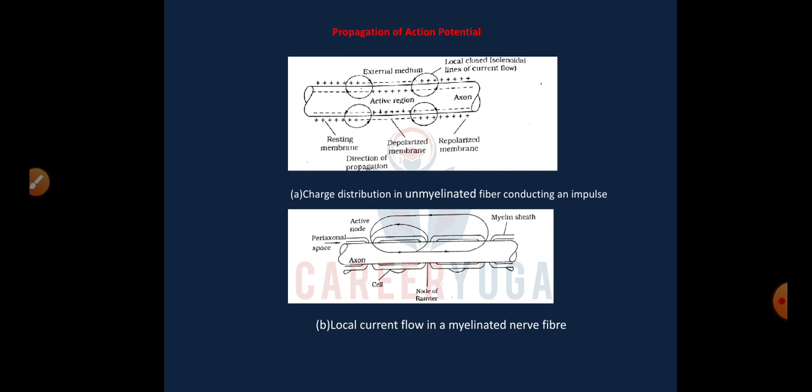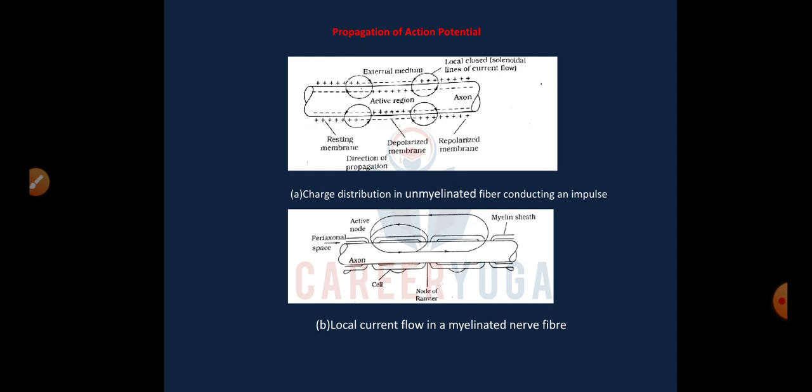These currents flow in such a way that their effect is to depolarize the membrane in the region ahead of the active region, so that it becomes active. The membrane is in the active state only for a short duration of time. After depolarization, the membrane repolarizes completely. In this way, the action potential propagates along the length of the fiber.